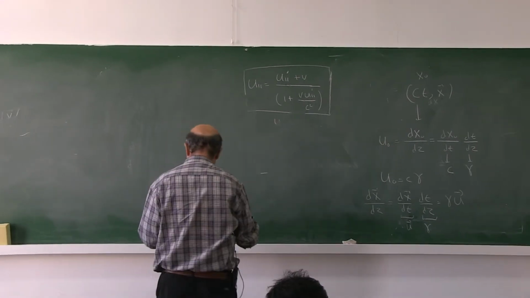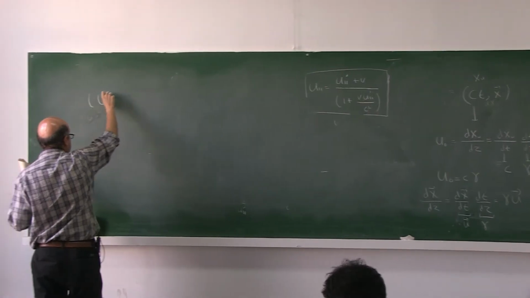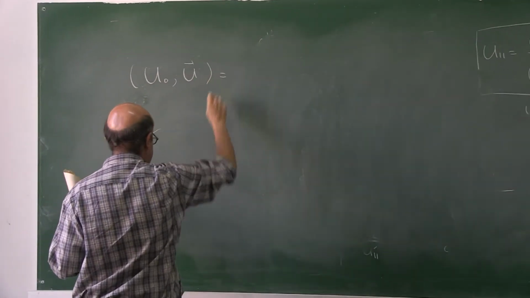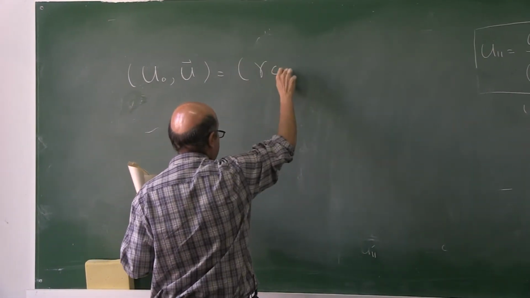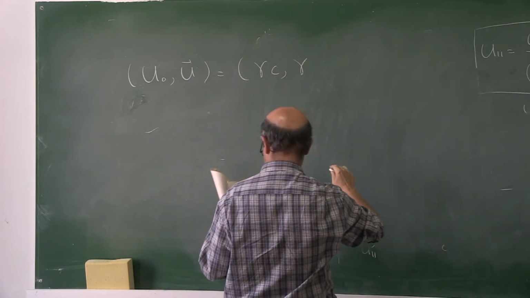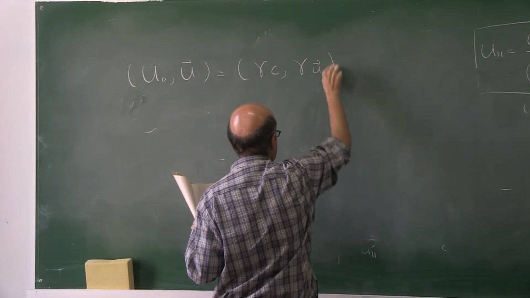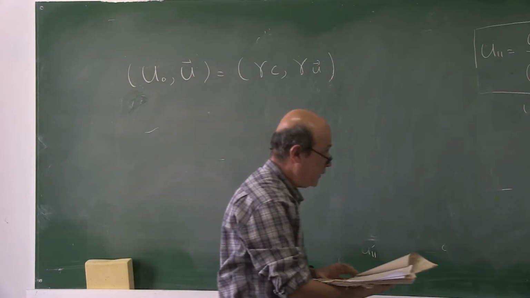The four-velocity will be u0 and u, that is nothing but gamma c and gamma u. So this is the four-velocity with respect to proper time.